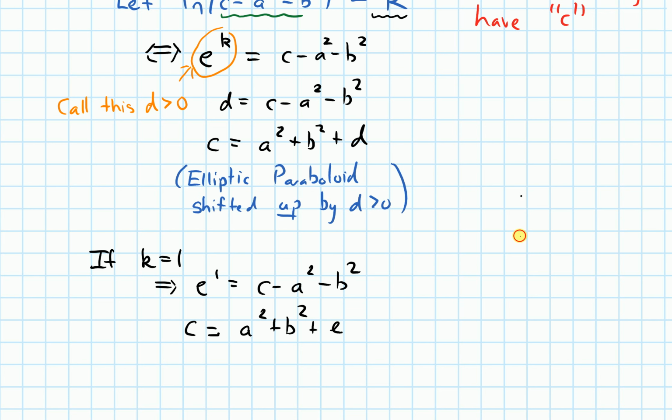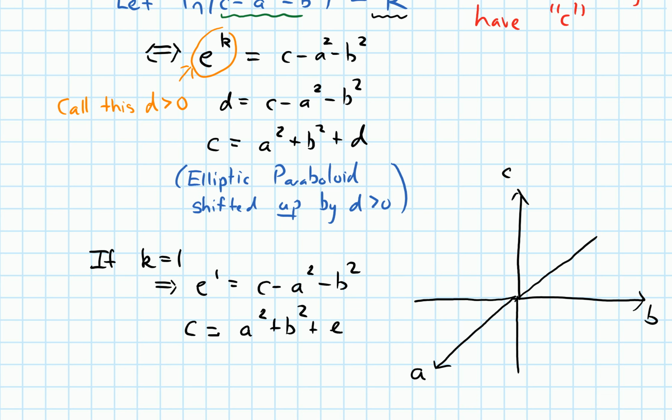If I draw this paraboloid, I'll draw my axes, a and b and c, with the negative directions. My paraboloid has just been shifted up e units. So the vertex is now at (0, 0, e), but it's still an upward-facing paraboloid. A cross section would look like this, and this is actually a circular paraboloid. The cross sections are circles in this case.